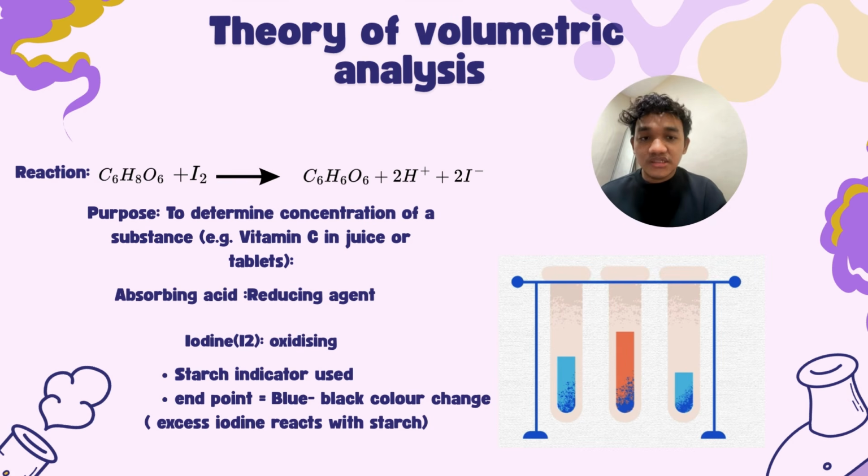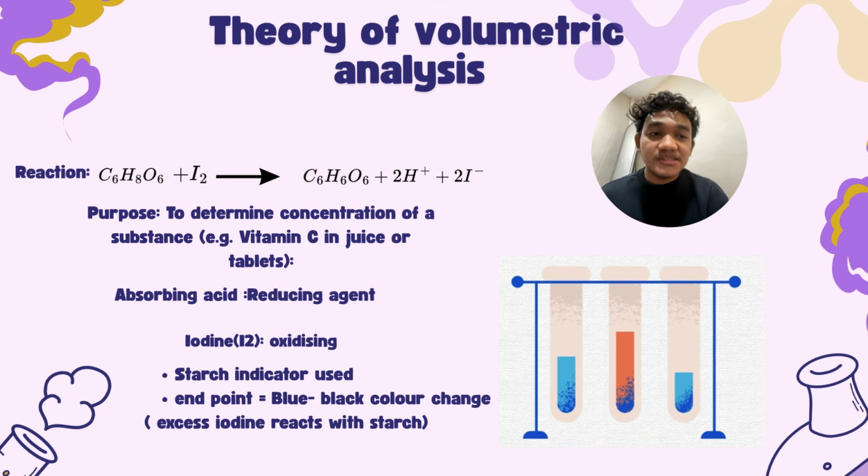In this reaction, ascorbic acid loses electrons and is oxidized to dehydroascorbic acid, while iodine gains electrons and is reduced to iodide ions. The purpose of this titration is to determine the concentration of vitamin C in a sample such as fruit juice or tablet.